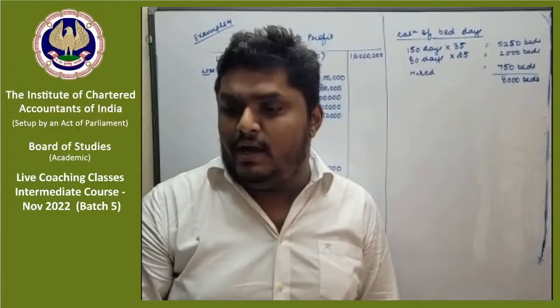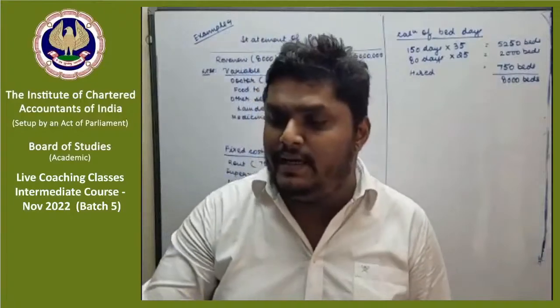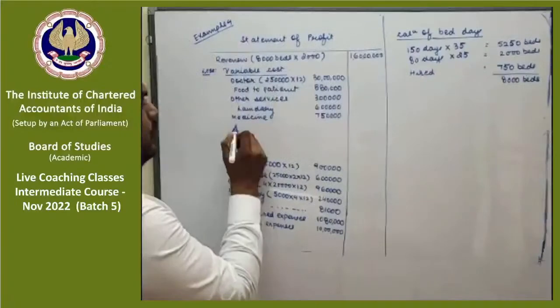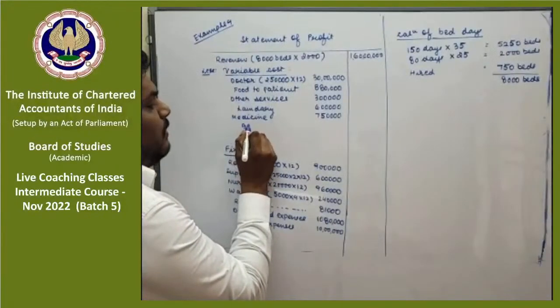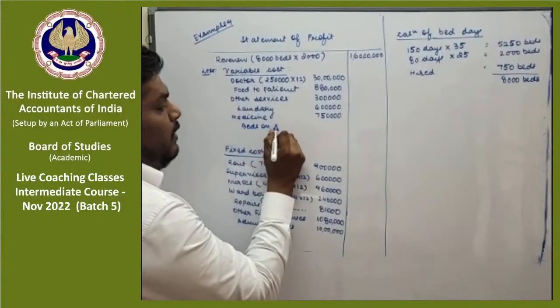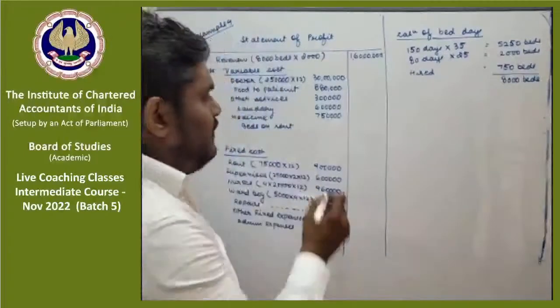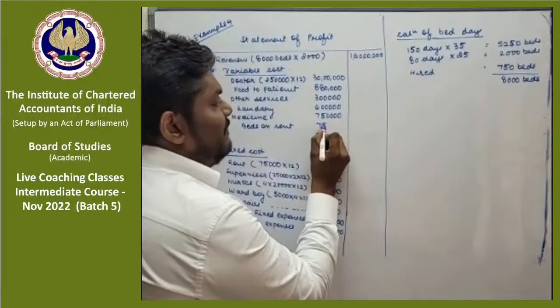Further, it is given that the hospital has hired 750 beds at a charge of rupees 100 per bed per day. So, beds on rent. So 750 into 100. So this will be 75,000.